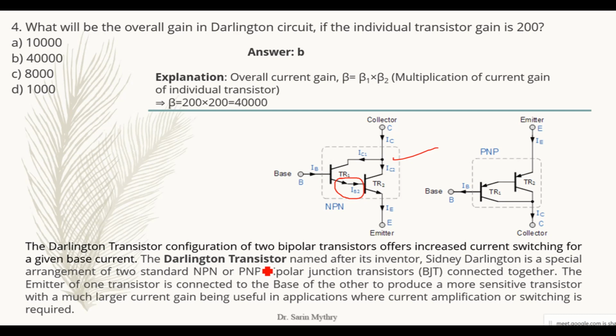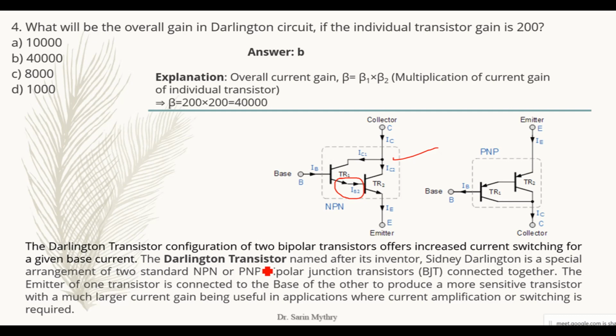Why are we connecting this? In order to produce a more sensitive transistor, which will have a larger current gain. By this kind of connection, you will get more current gain, which is used in applications of current amplification wherever it is required.